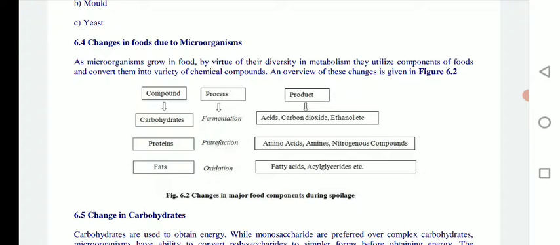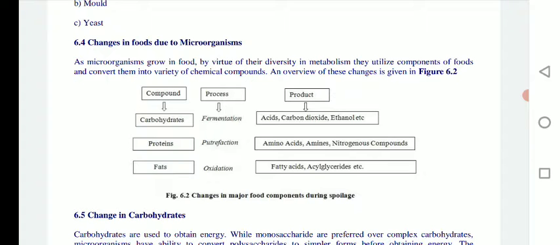Then proteins get altered by microbes by the process of putrefaction, and it leads to formation of amino acids, amines and nitrogenous compounds. And then fats get oxidized to produce fatty acids as well as glycerides. So these are changes brought about by different kinds of microorganisms in spoilage of food.